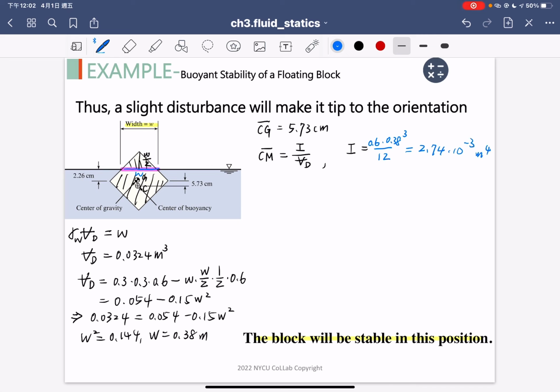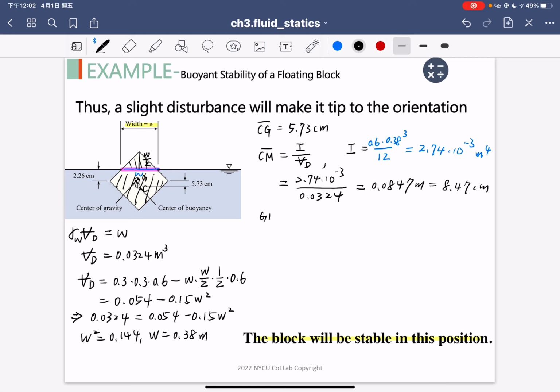And so you can directly compute the CM very quickly, because 2.74 times 10 to the minus 3 divided by VD, 0.0324, gives a length equal to 0.0847 meters, which is 8.47 centimeters.